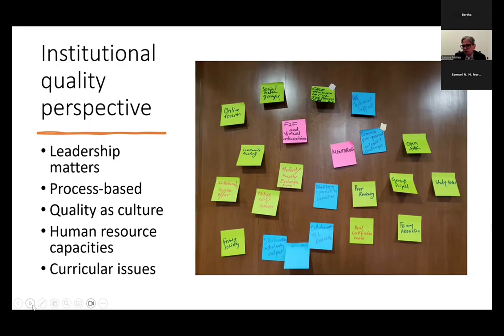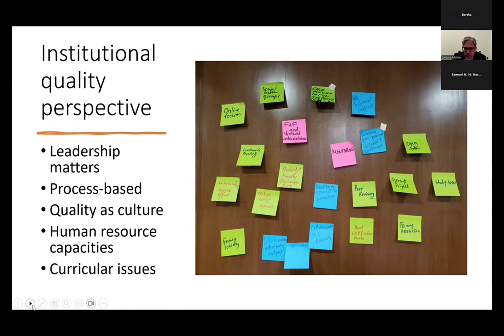The more leaders emphasize quality, the more people take steps to ensure quality. A process-based approach in digital education is more suitable, and there is a need for making quality a culture in every respect, focusing on human resources, training them, recruiting the right people, and of course, improving the curricula. What you teach is the curricula, and if your curriculum is not updated, or not to the point, or not industry oriented, quality is definitely going to suffer.